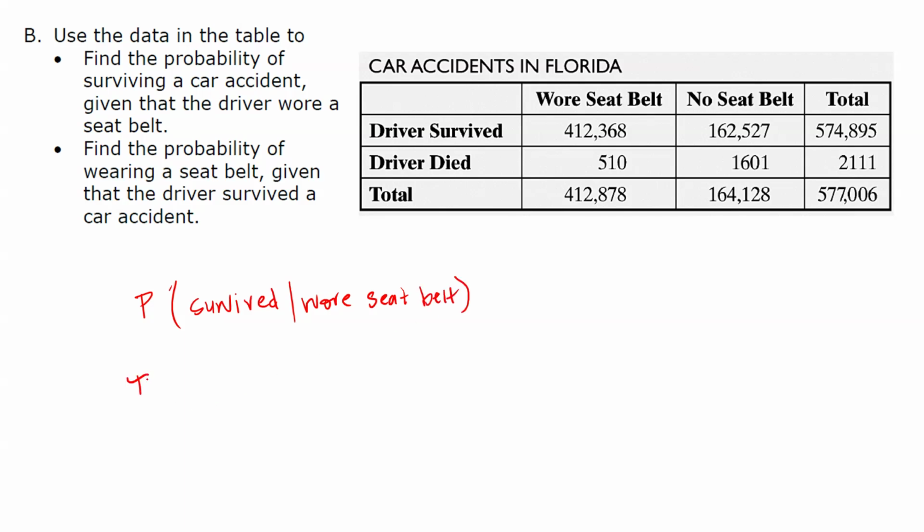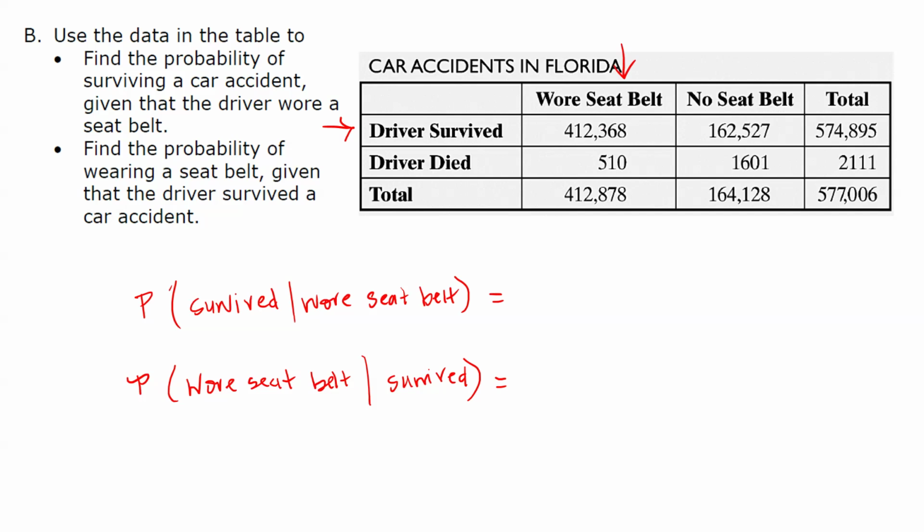And the second one, they wore a seatbelt given that they survived. All right, so driver survived is this row, wore a seatbelt is this row.